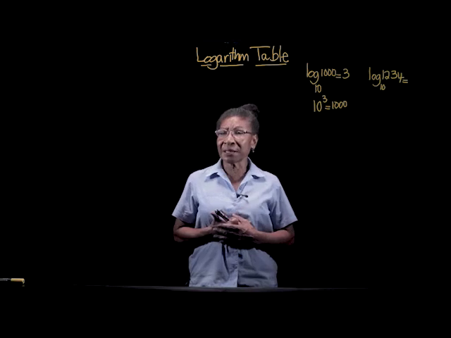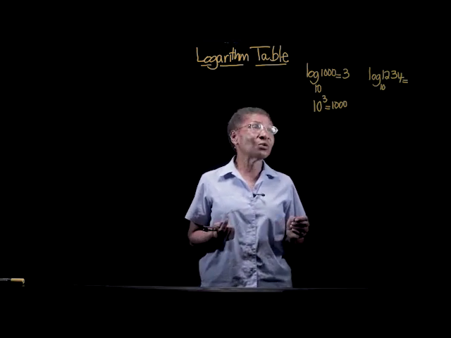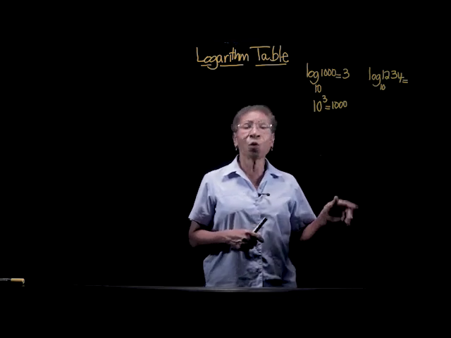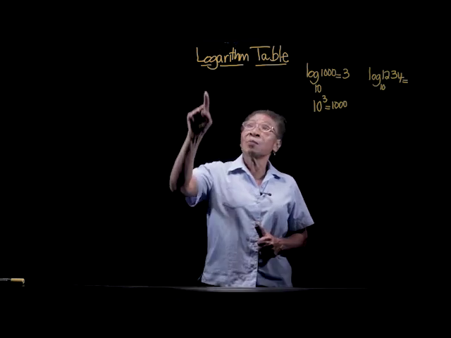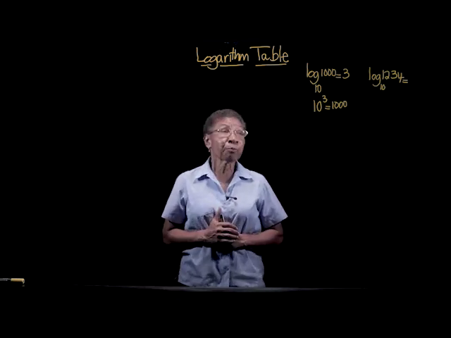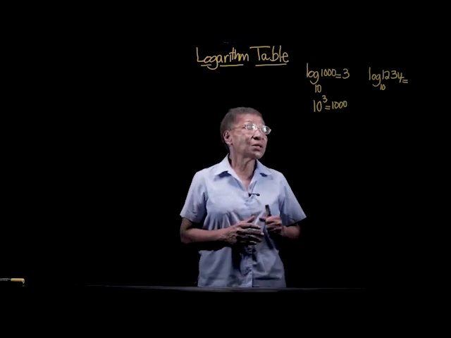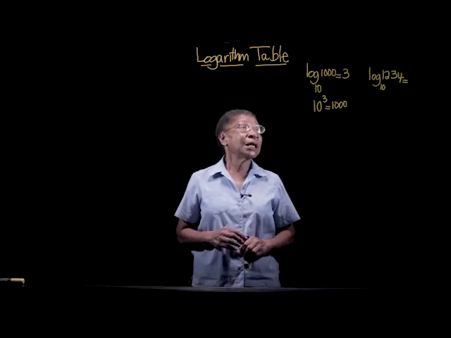I dropped my calculator yesterday, and I couldn't use it to just enter log base 10 of 1234 and obtain an answer. So that is when the logarithm table comes in. Logarithm tables were invented to help us calculate complex numbers.